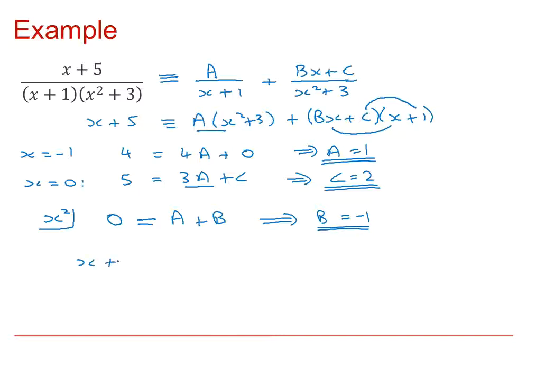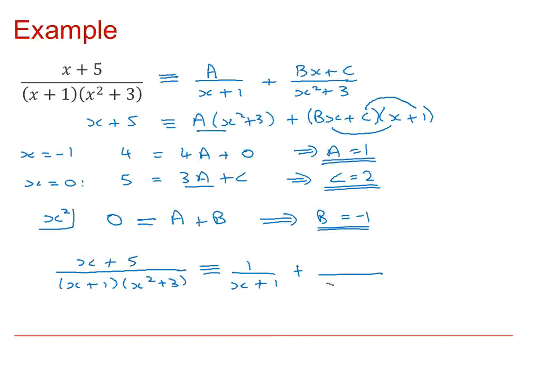So this algebraic expression (x + 5) over (x + 1)(x² + 3), which would be very difficult to consider for integration, is identical to a over the linear, so that's 1 over the linear, and just be careful how you write this next term.